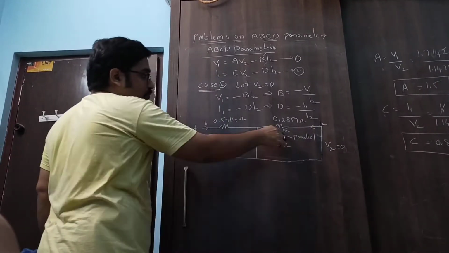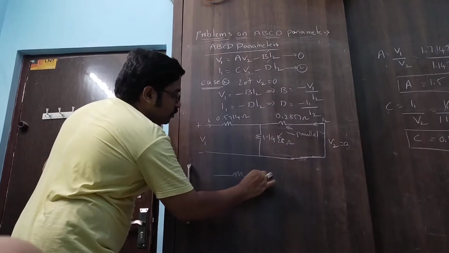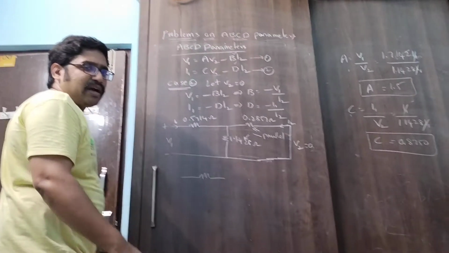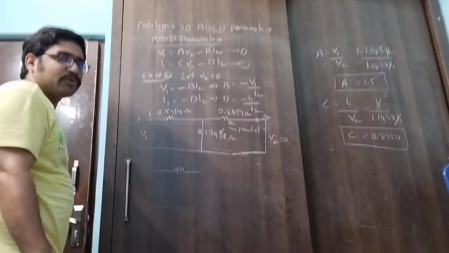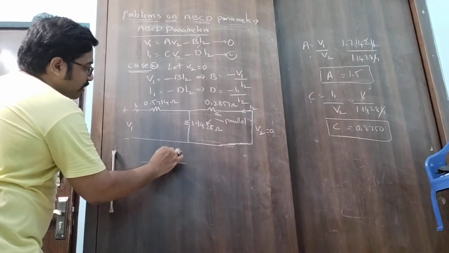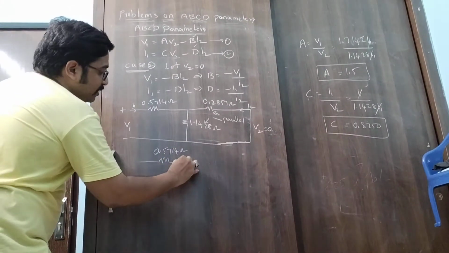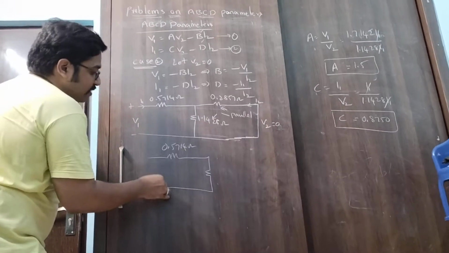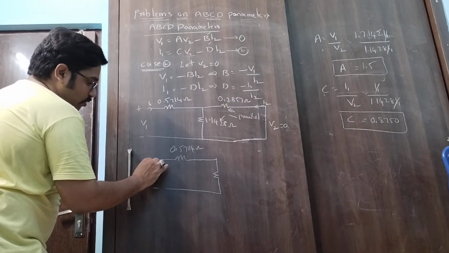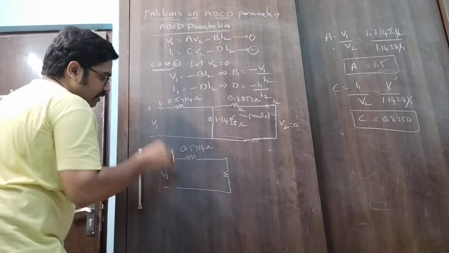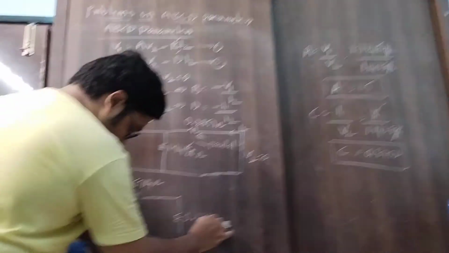You need to make one equivalent resistance using R1 R2 divided by R1 plus R2. So we are having 0.5714 ohm, then the equivalent resistance. This is V1, this is I1. If you simplify this, 0.2285 ohms.